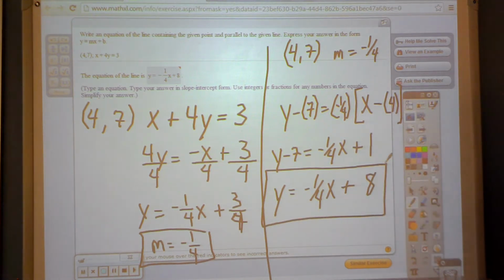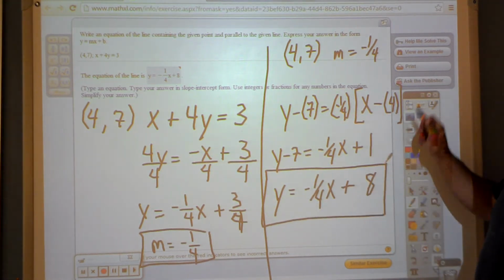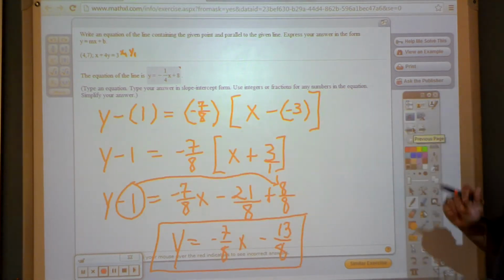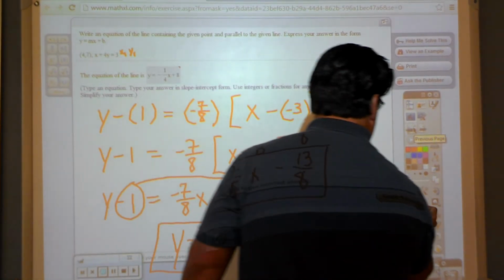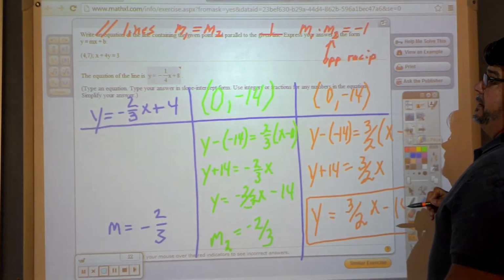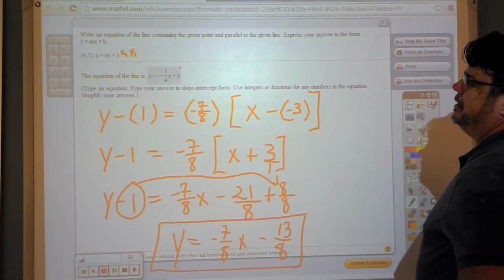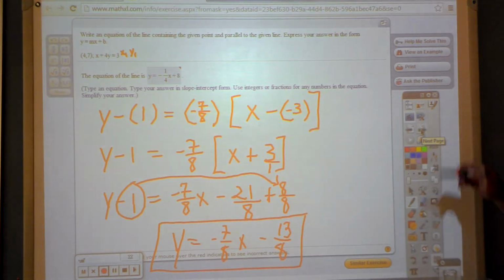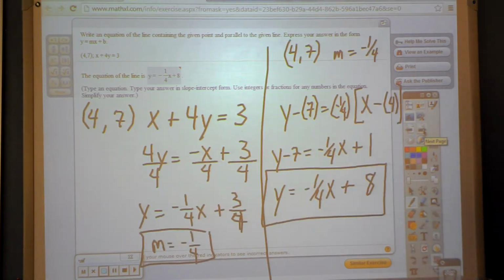And that's your answer. So this one had 2 parts. The one we did before this only had 1 part. Why? Because the one we did before, the problem gave you a point and a slope, so you didn't have to do anything.